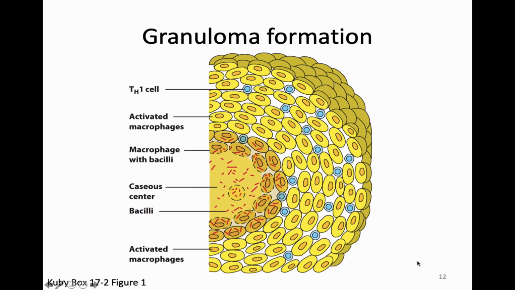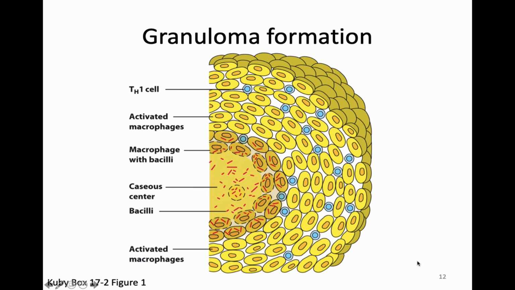What you may know is if you test positive in the skin test for tuberculosis, you next have to do a chest x-ray. And in the chest x-ray, they are actually looking to see if you have granulomas present, which means that you might later have active tuberculosis.